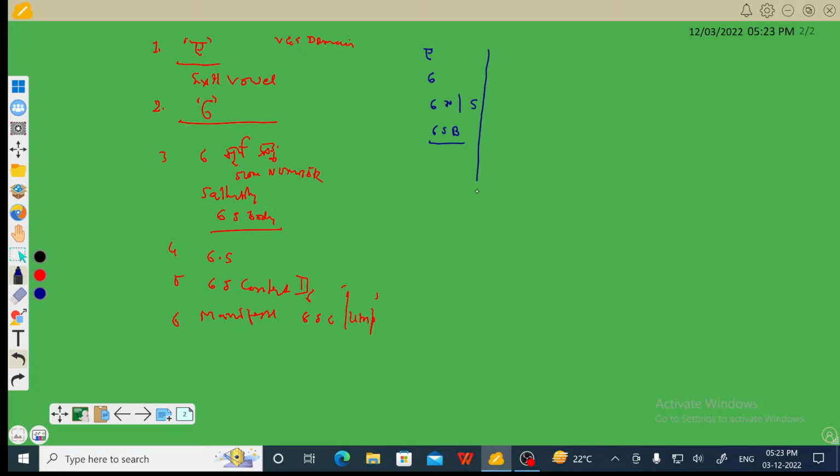Therefore, we are in the solar universe. So this mathematics is to take us to the solar universe. It is a 6 space domain.